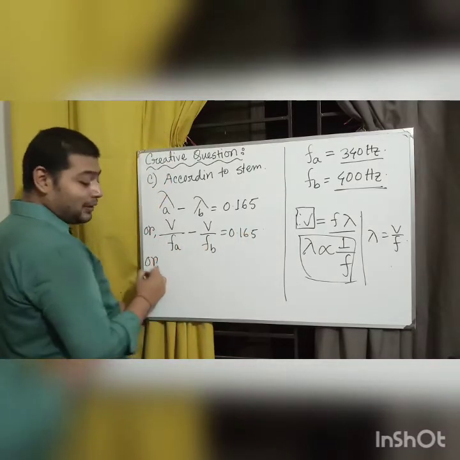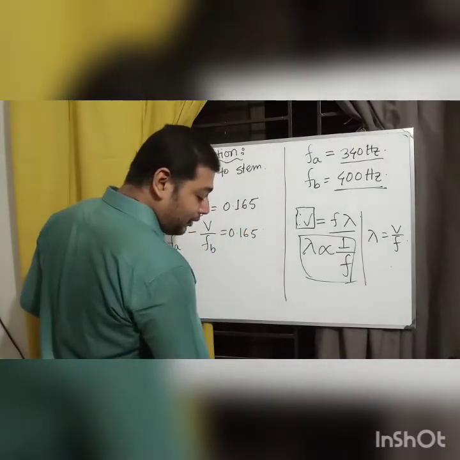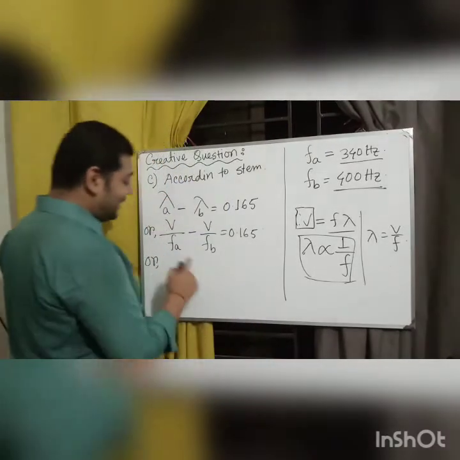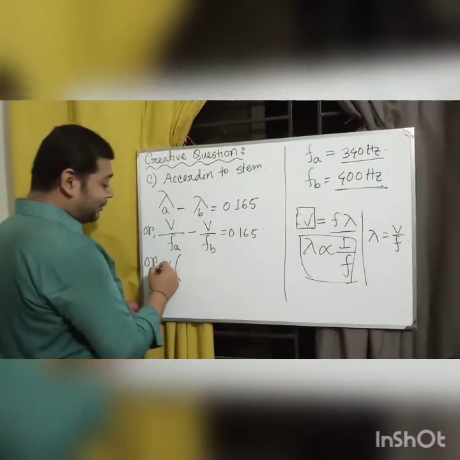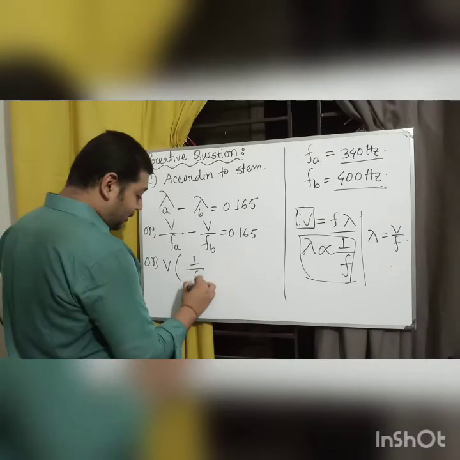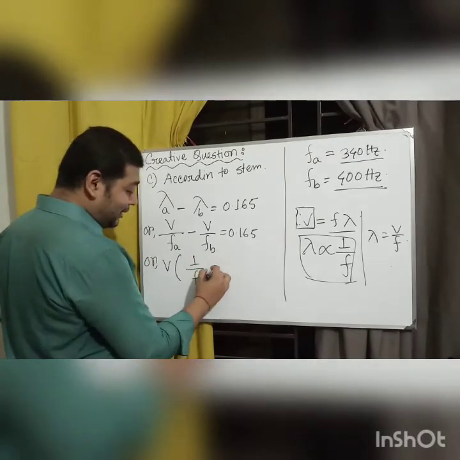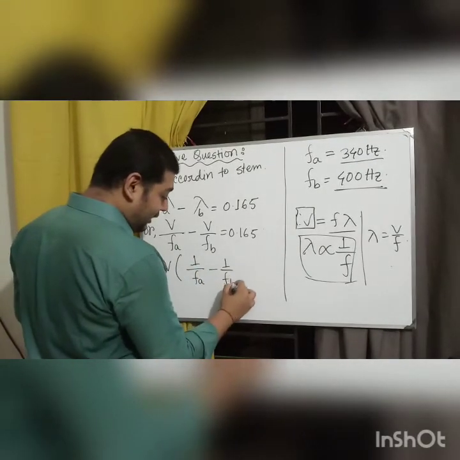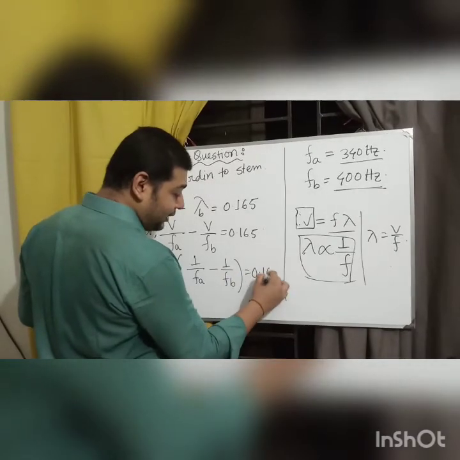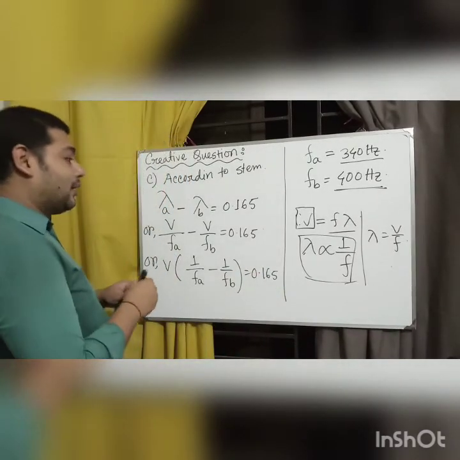V is our velocity of sound in medium A. So we need to determine V. So we can write 1 by Fa minus 1 by Fb equal to 0.165. Okay.